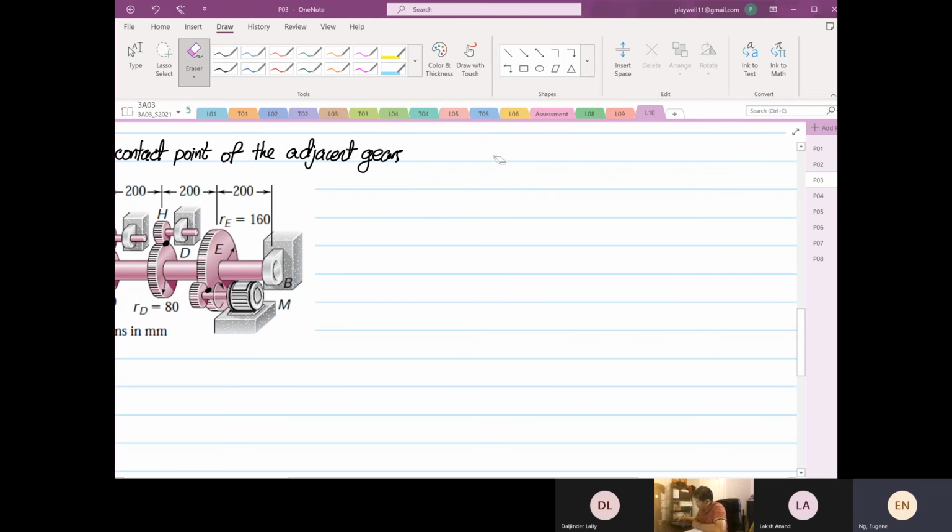Before we say find, we're going to determine the allowable diameter of shaft.